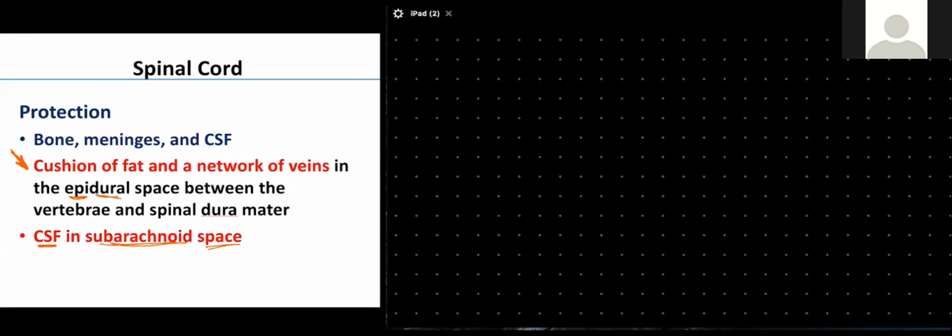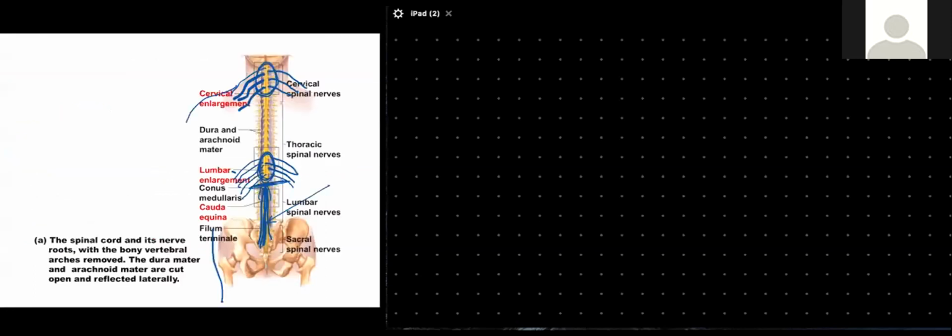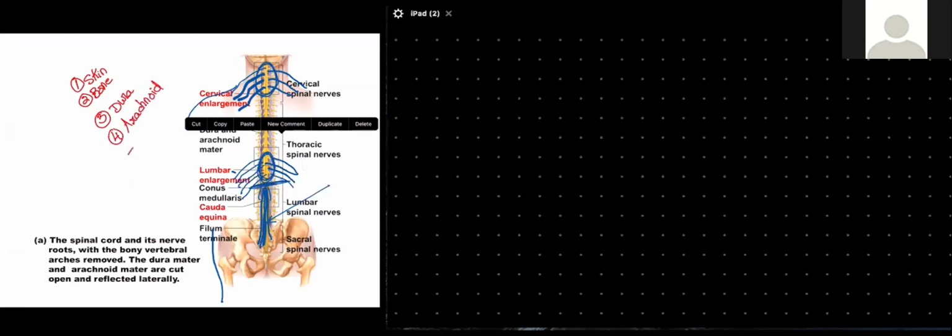So if we're looking on here, what are the protective layers from outside in? First layer outside is going to be my skin, definitely. Next is going to be my bone, which is going to be the vertebrae. To the inside of the bone, you've got the meninges, remember? Dura mater, then arachnoid mater, then you have the pia mater.